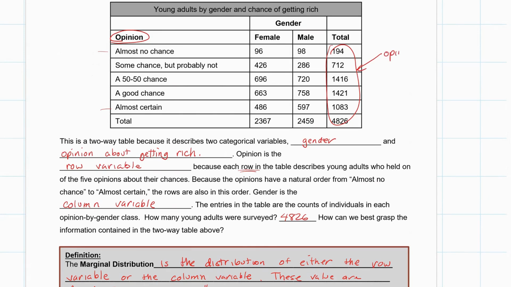This is data about opinion. There's really no information about gender there. What about these numbers on the margin? Oh, these numbers are about gender, but there's no data about opinion in those two numbers. So we think of the marginal distribution as being the distribution of only one of the two variables that are in the two-way table.